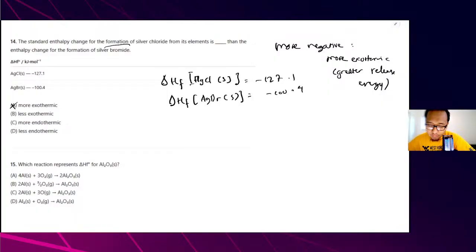Now, moving on to number 15: which reaction represents delta HF for Al2O3?